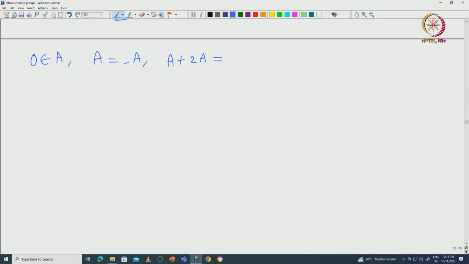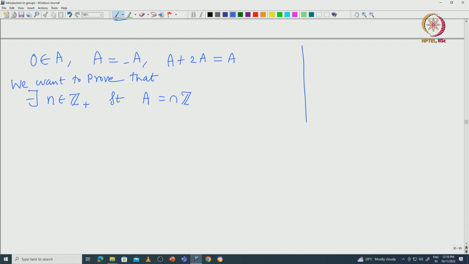Okay. So then we want to prove that there exists n in Z plus such that A equals nZ. Okay, let us see how to prove this.